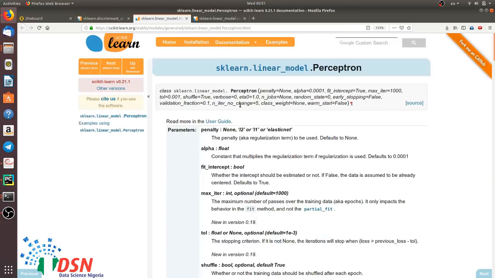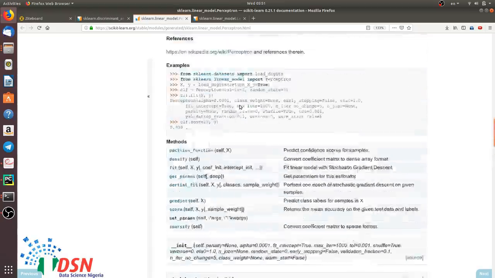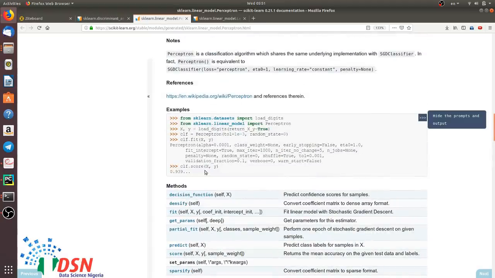Now for using the Perceptron algorithm, you could define Perceptron here, and because it is a linear model, you just import that from linear models, then initialize your classifier. The tol is tolerance, which determines when the algorithm stops.